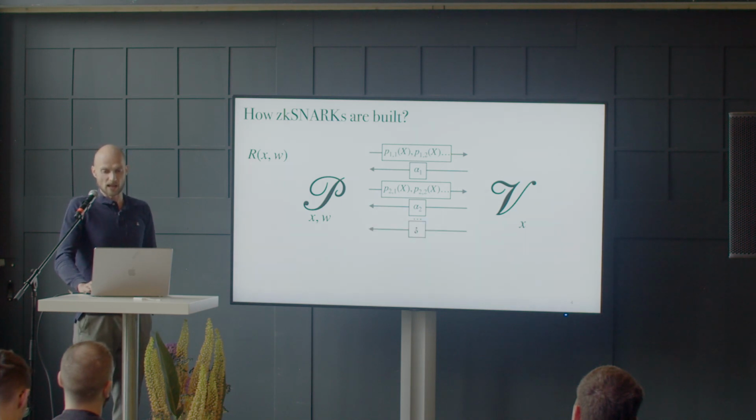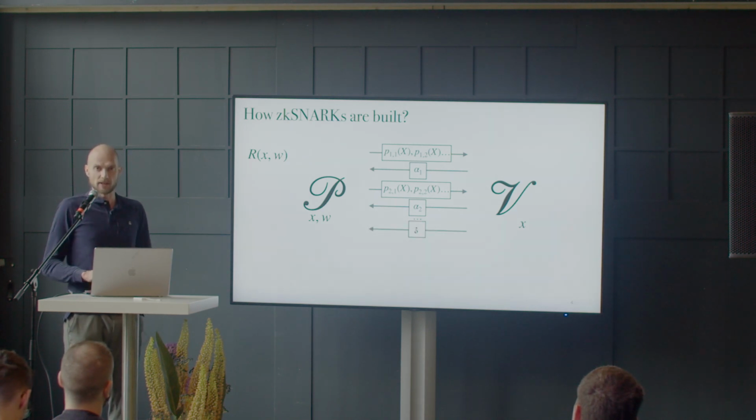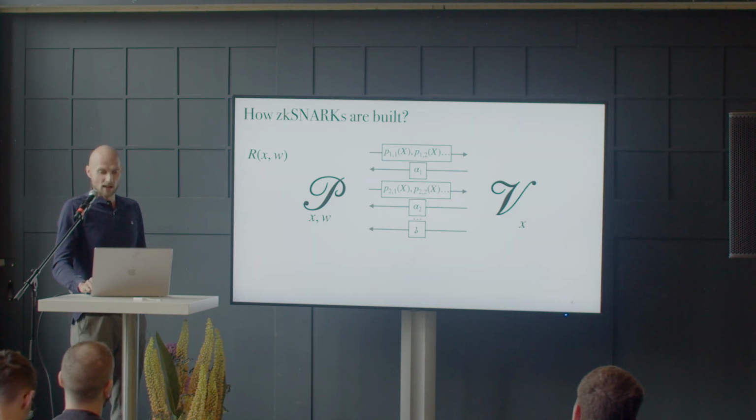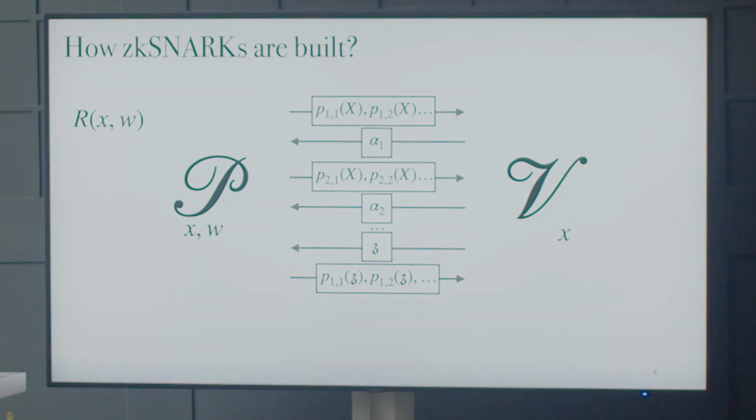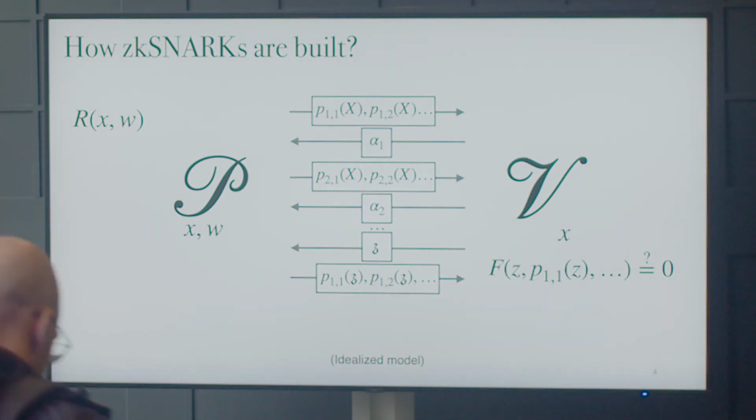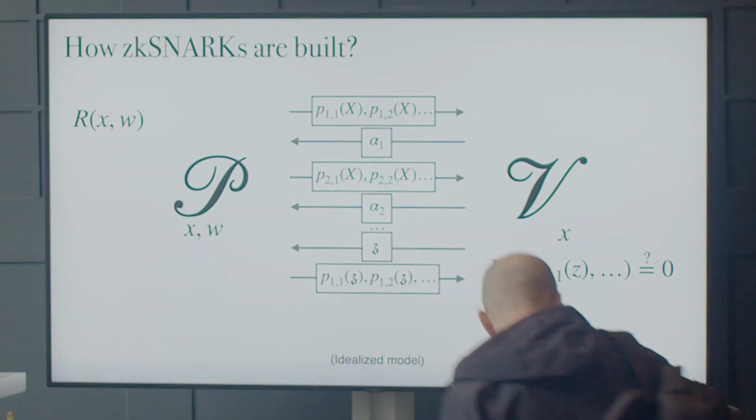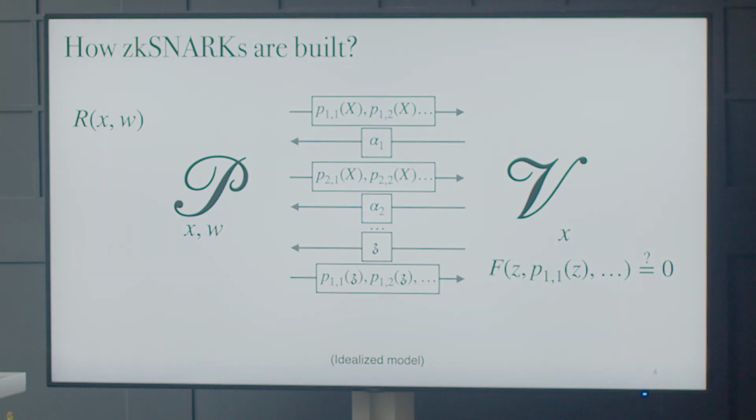Eventually, the verifier sends a special challenge, an evaluation challenge, and the prover responds with evaluations of these polynomials at this special challenge. Then the verifier checks whether some equality on the evaluations of the polynomials holds, and we are done. As I mentioned, this is an idealized model, which is not communication efficient, for the sole reason that sending polynomials is really not efficient at all.